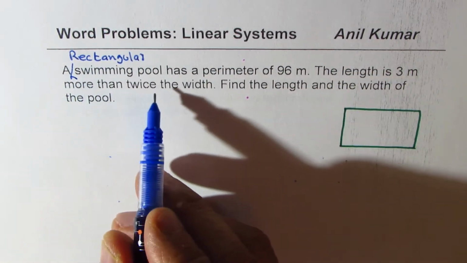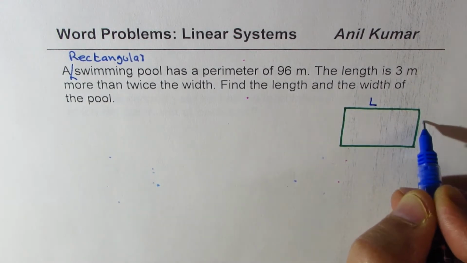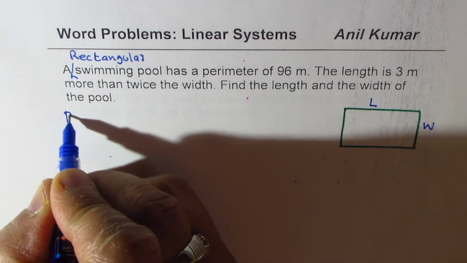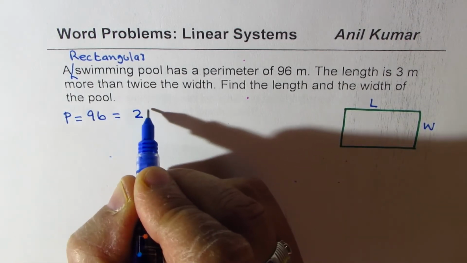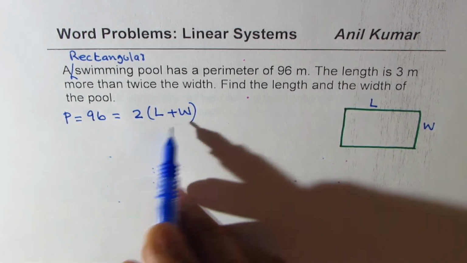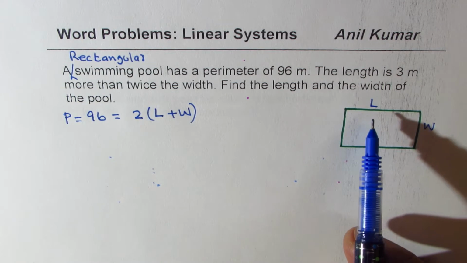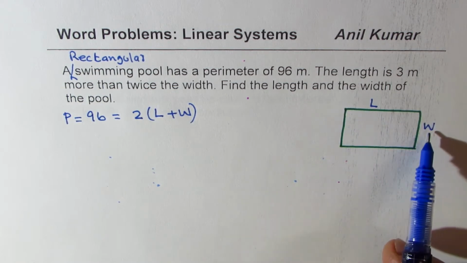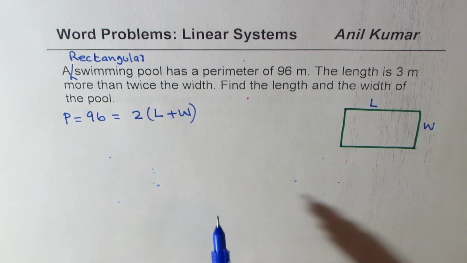That means we are given the sum of length and width. So perimeter is 96, which is equal to 2 times length plus width. That is the equation which relates the two. The variables defined are, let L be the length and W be the width. So we can define the variables first and get the equation.